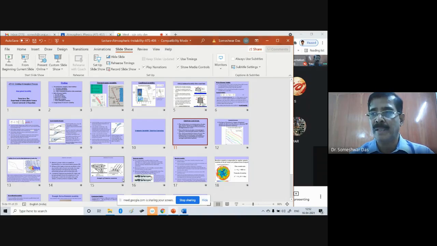So therefore, there is a balance between the effective gravity. In case of the pure convective motion, which is vertical, the vertical motion is basically balanced by the gravity and the buoyancy forces.